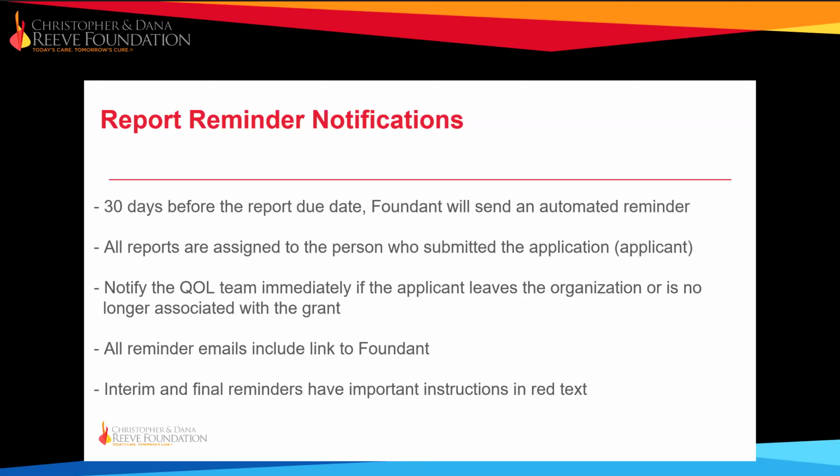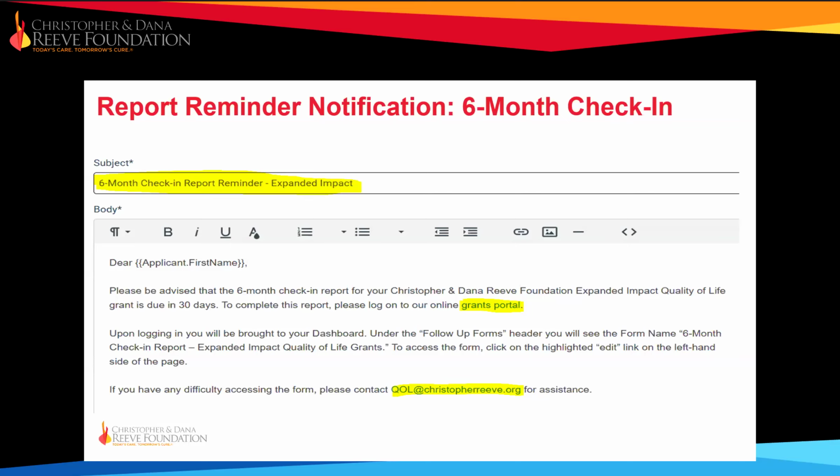The reminders are the same except for interim and final reports. Those reminders contain two important instructions highlighted in red. Let me just quickly show you what these notifications look like. This is a 6-month check-in notification.